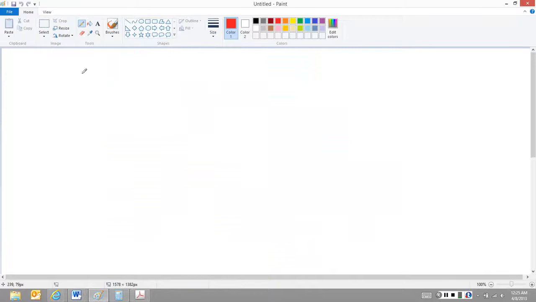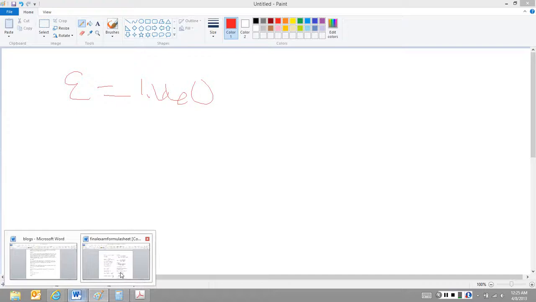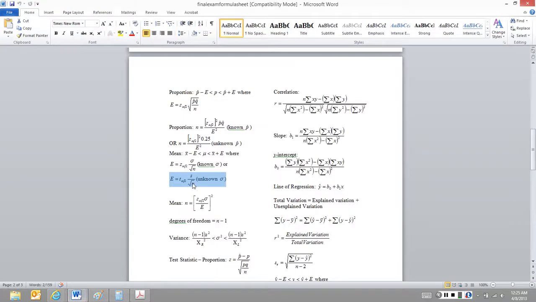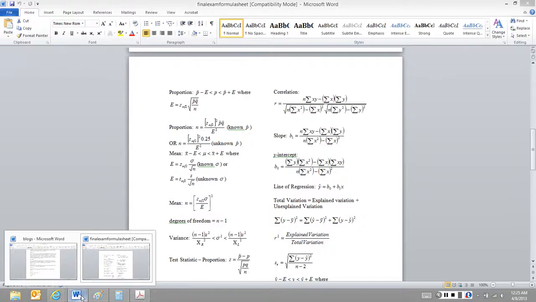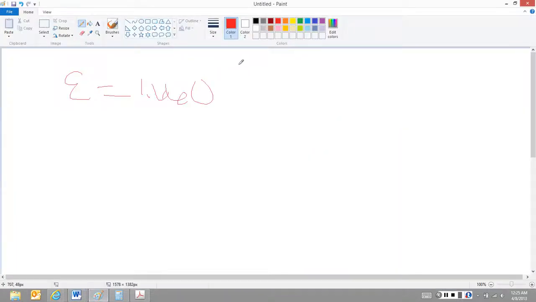Then our E is 1.660 times S divided by the square root of N. S is 0.062, which was just from our problem itself, over the square root of 105.